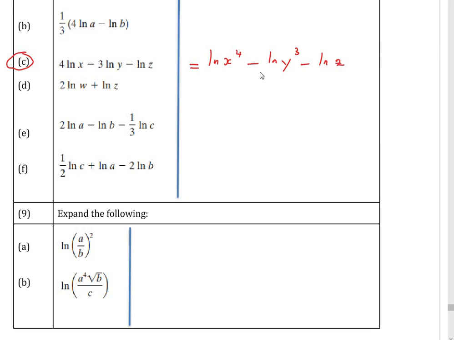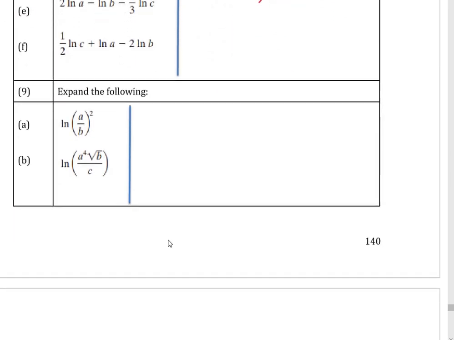I can take out a common factor again here, and that will give me a plus. But if I realize that, I can just write it as a single ln. Ln, the x to the 4 will be above in the numerator, and those two with the minuses will come down here, y cubed times z. Okay, so pretty easy actually.